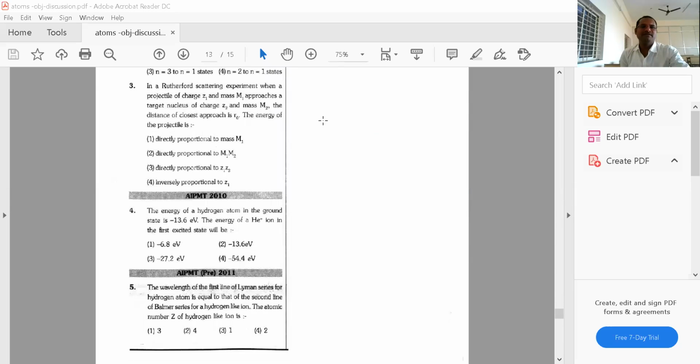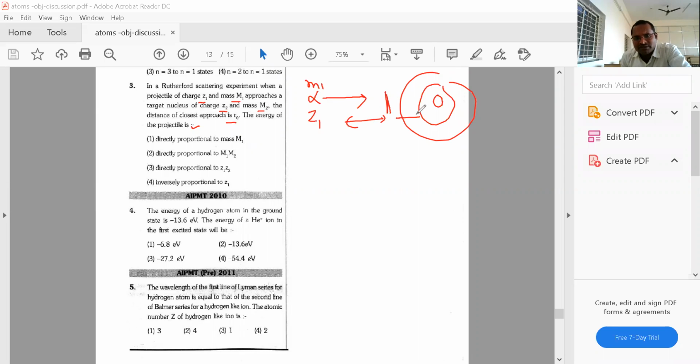Question number 3, they have given that in the Rutherford scattering experiment, when a projectile of charge Z1 and mass M1 approaches a target nucleus of charge Z2 and mass M2, then the distance of closest approach is R0. Then the energy of the projectile is... See, when an alpha particle is coming towards the nucleus, having charge Z1 and mass M1, up to one particular distance it will come.